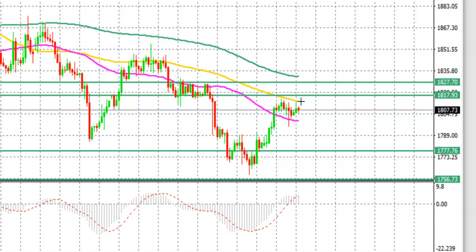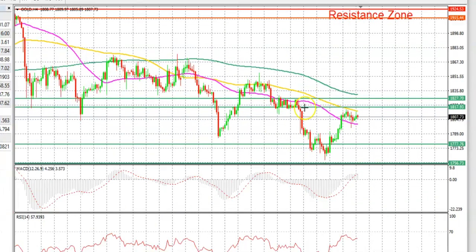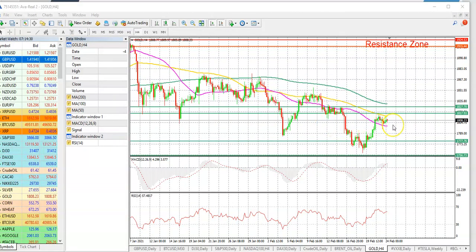So clearly what we really need in terms of price action is the price breaking above the 100-day simple moving average, because that will give us the confirmation that we need that gold prices are likely to move to the upside. Unless the price can break above the 100-day simple moving average, the odds will continue to remain in favor of prices moving to the downside.